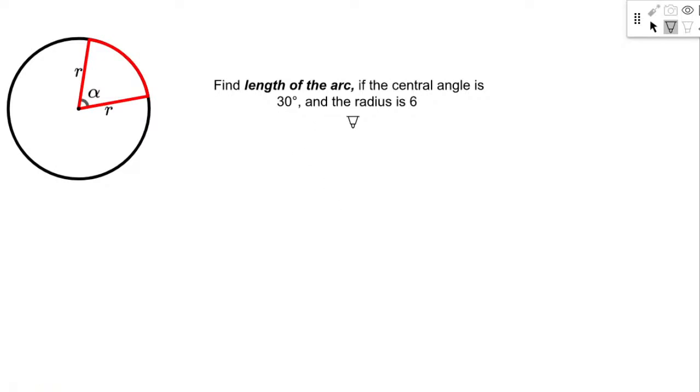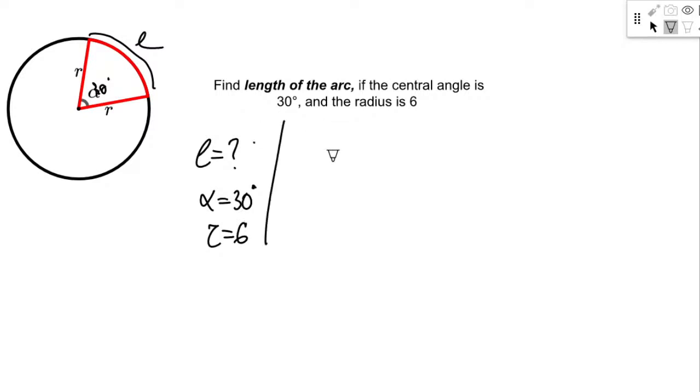So find the length of the arc if the central angle is 30 degrees and the radius is 6. So we need to find the length of this arc. Let's call it L. When the central angle is 30 degrees, alpha equals 30 degrees and the radius equals 6.